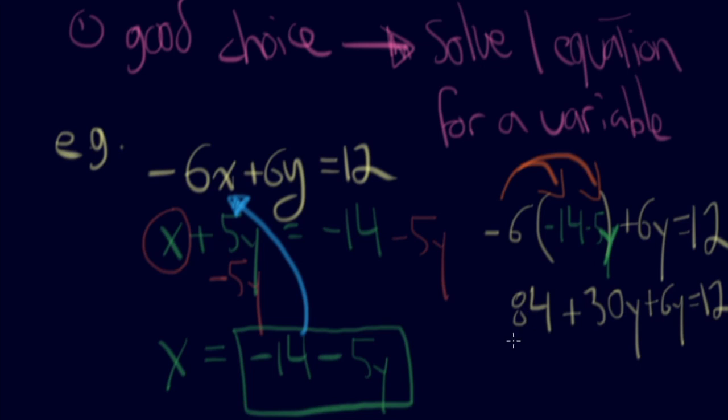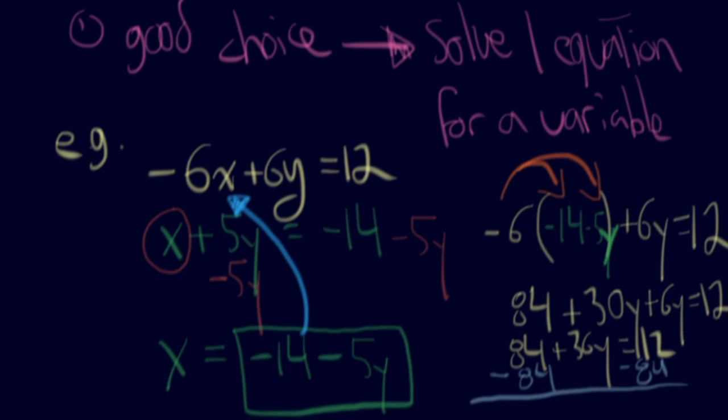I'm going to combine my like terms. So I'm going to have that 36y. And then I'm going to subtract 84 from both sides. I'm trying to fit it all in here. Subtract 84. And I'm going to end up with 36y is equal to 12 minus 84.